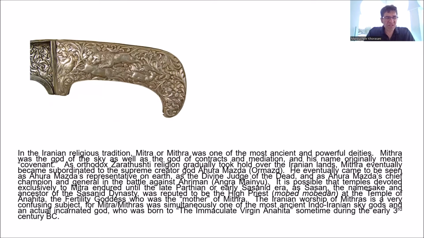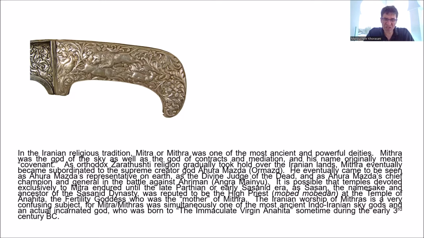In the Iranian religious tradition, Mitra was one of the most ancient and powerful deities. Mitra was the god of the sky as well as the god of contracts and mediation. His name originally meant covenant.